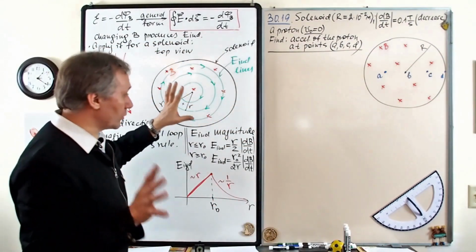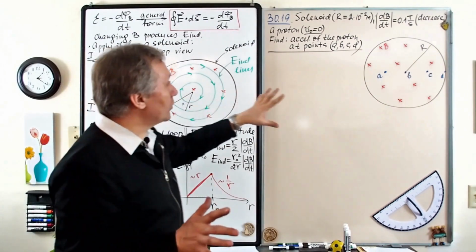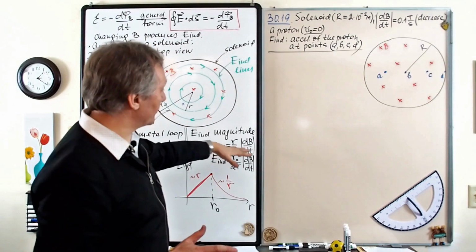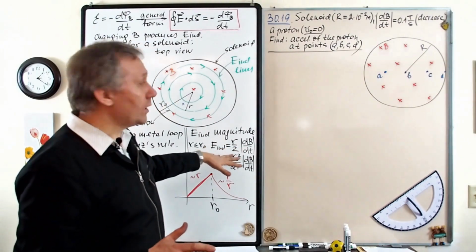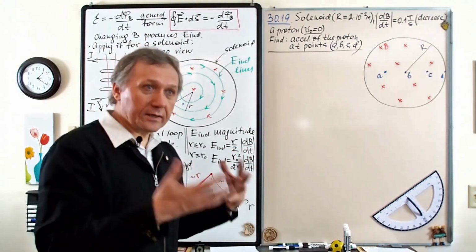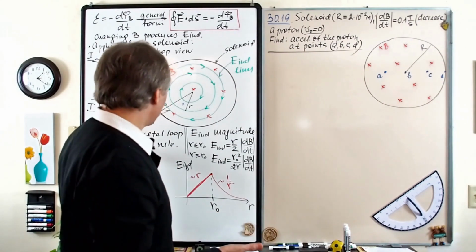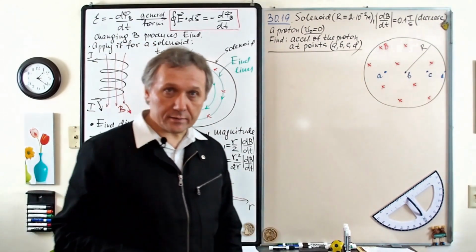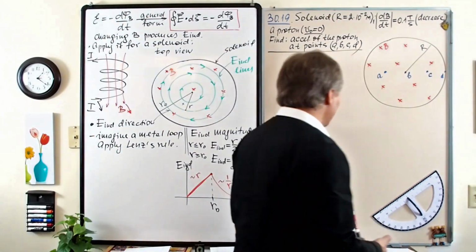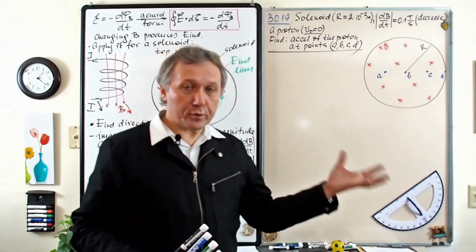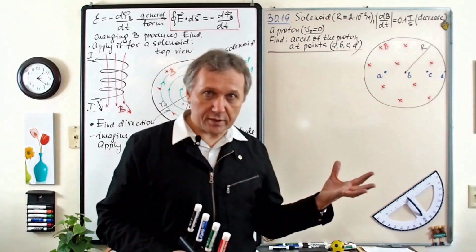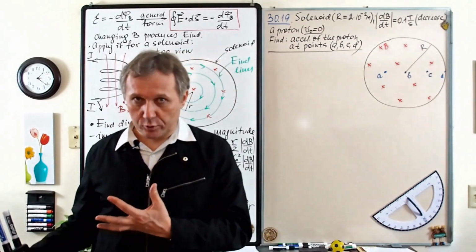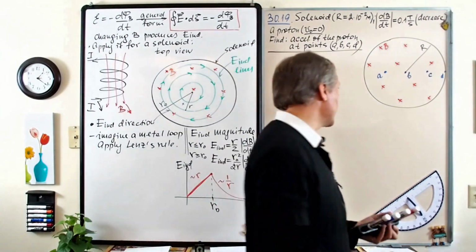We're going to position our proton inside of the solenoid, so we can use the proper formula to find the electric field. Then, to find the direction of the electric field lines, we will apply Lenz's rule. Then the proton is going to interact with that magnetic field. It will experience force and acceleration, and that's what we need to find.